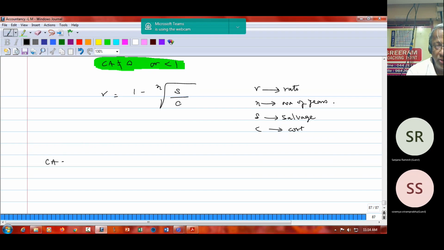So carrying amount is equal to cost minus accumulated depreciation. Correct.